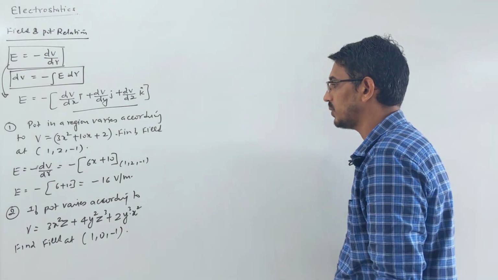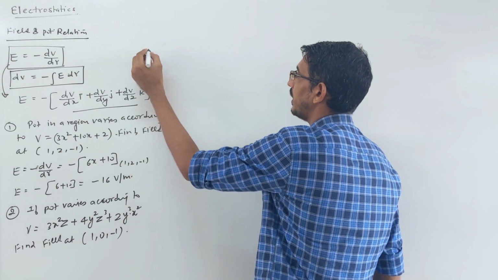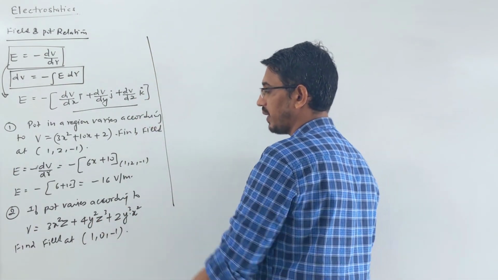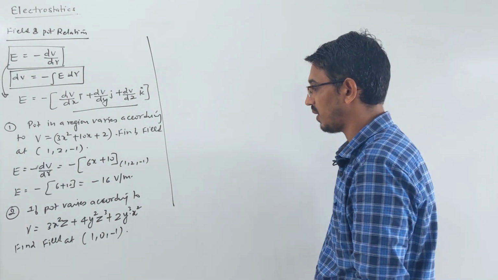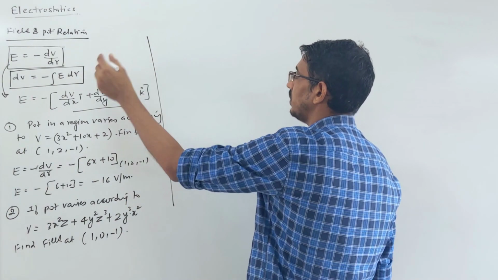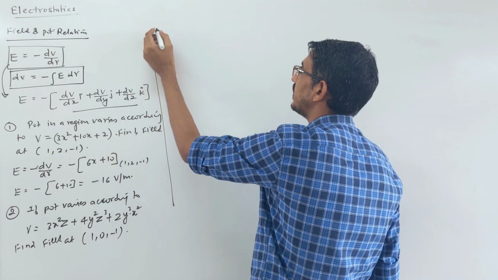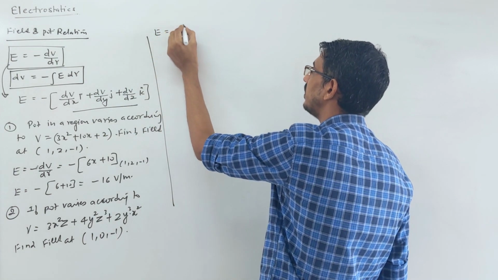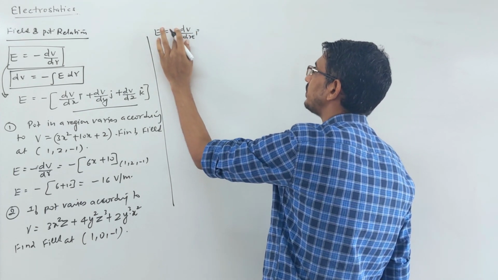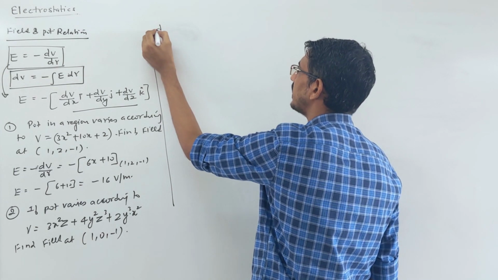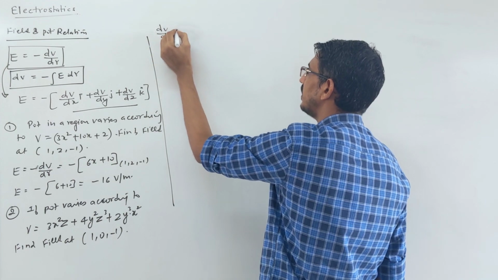Now we have to write this in Cartesian form because multiple variables are given. Your potential varies in different directions, x, y, z all. So this concept you have to write. First write the field at this coordinate: dV by dx and i. First you write dV by dx.